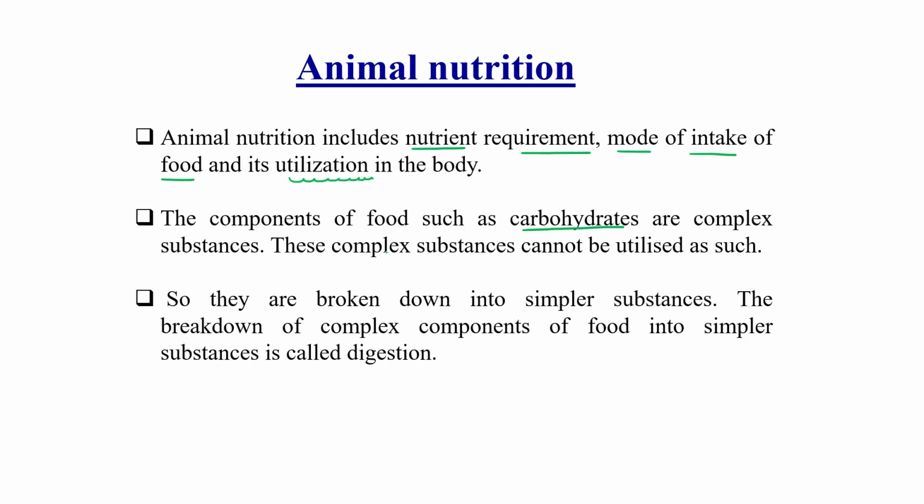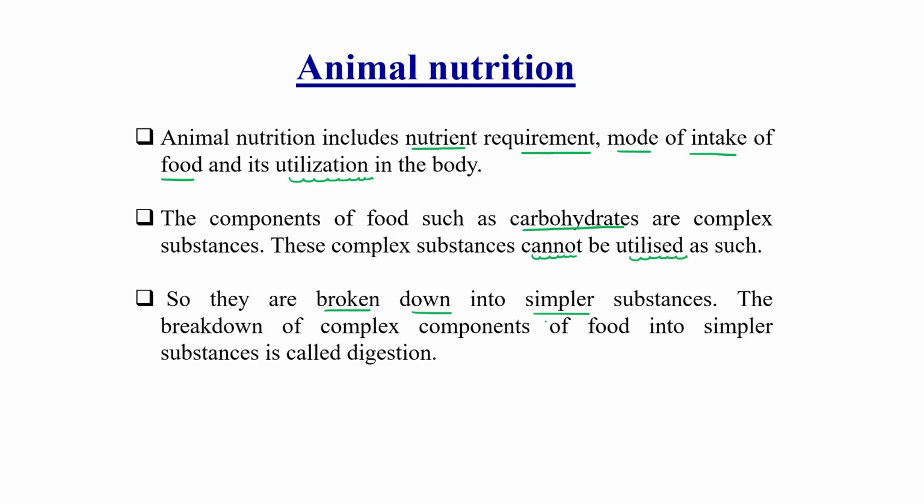So this complex structure we cannot directly utilize. So our body first converts these complex forms, like carbohydrate, which is present in a polysaccharide form, into the simpler form. Our body actually breaks them down into simpler substances like monosaccharides, and protein into amino acid forms.